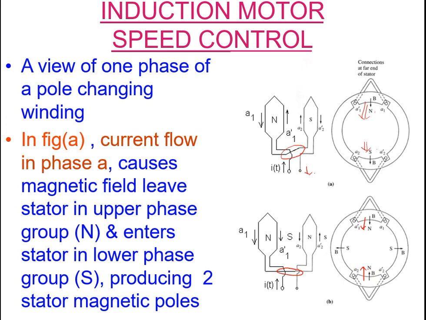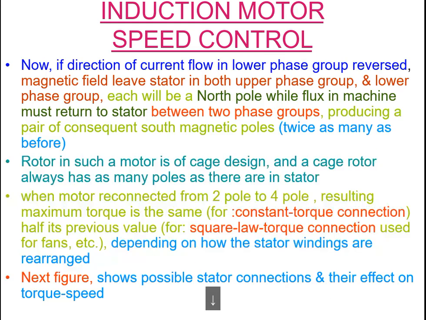That means it is leaving from the lower part also, so two north poles are created and consequently two south poles are created in this direction. In the previous connection only one north pole and one south pole exist. Here two north poles and two south poles exist.